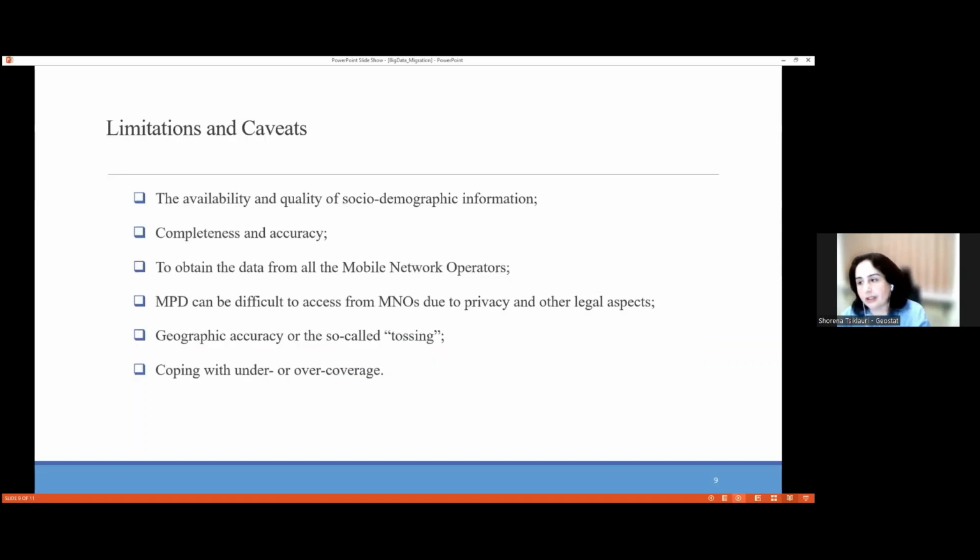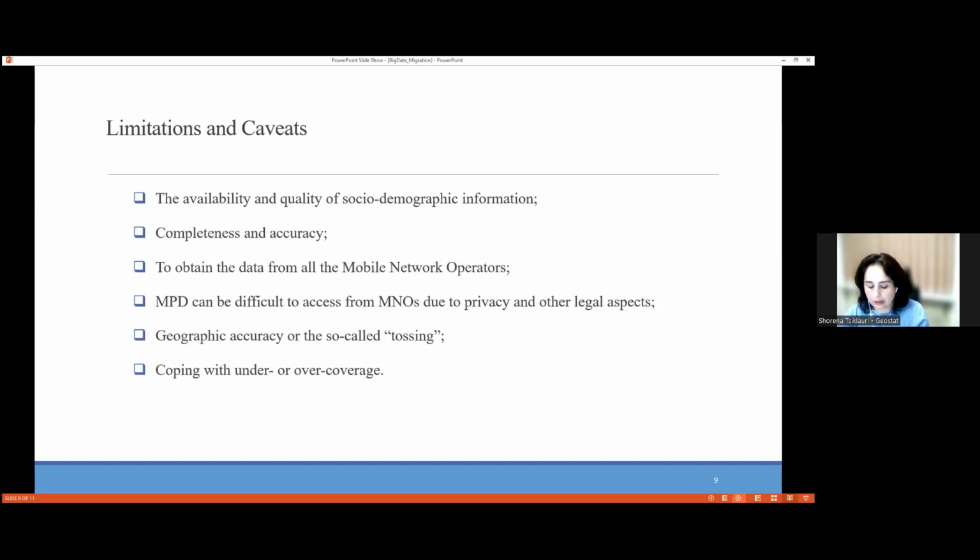When we are going to use MPD to produce official statistics, it is important to consider the following aspects. First, the availability and quality of the socio-demographic information is very important. Another possible limitation is the completeness and accuracy of the data, as they depend on the type of devices.